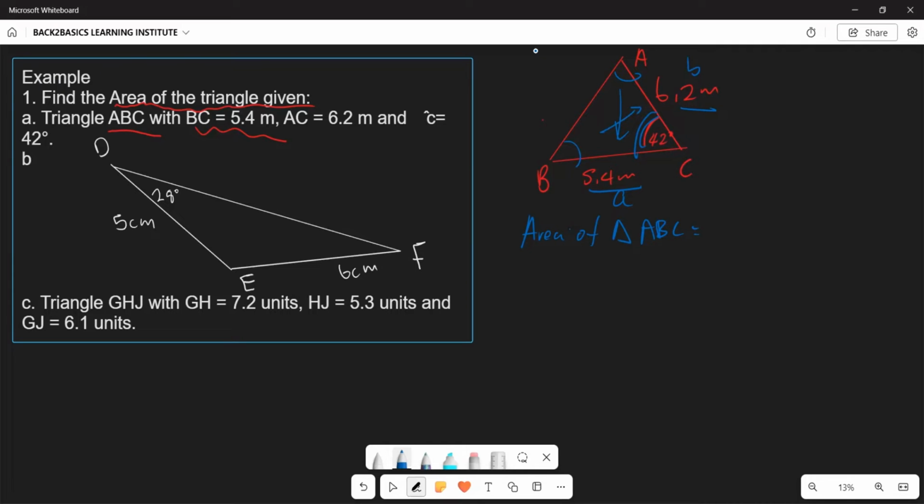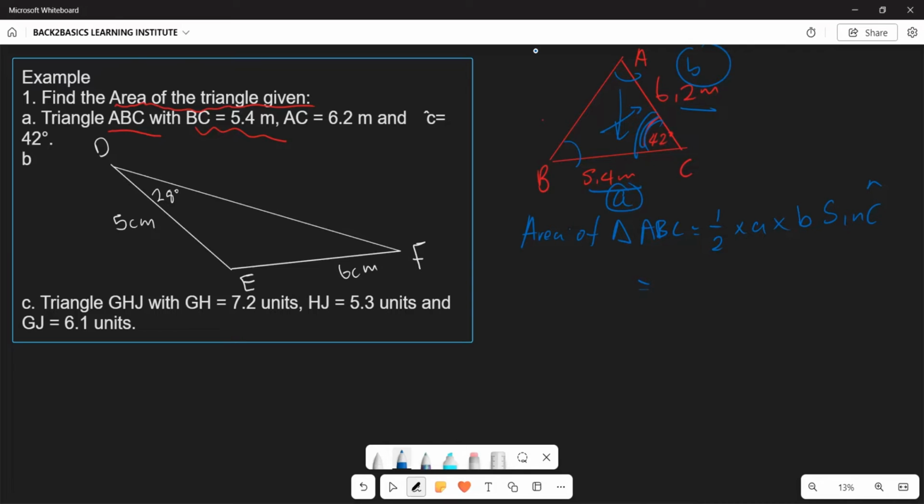So our formula here is going to be area equals 1 over 2, multiplied by A, which is this A, and multiplied by B, which is that particular B, sine of the angle that you are given, which is sine C.